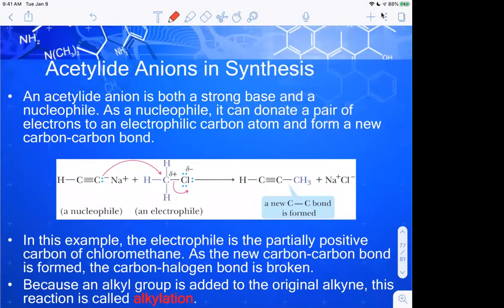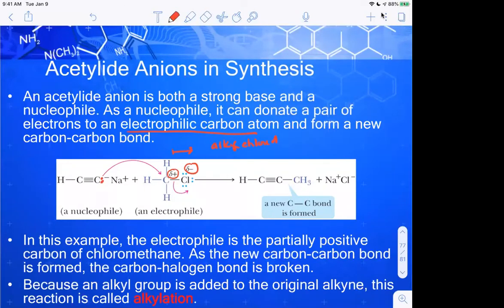As a nucleophile, it can donate that lone pair of electrons to some electrophilic carbon atom. So this is electrophilic because I have the partial positive, partial minus due to that dipole because of the increased electronegativity of the chlorine. So this is an alkyl chloride.